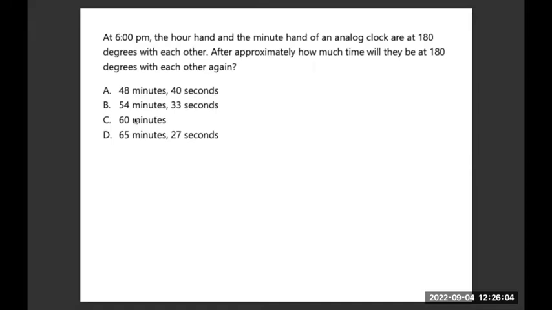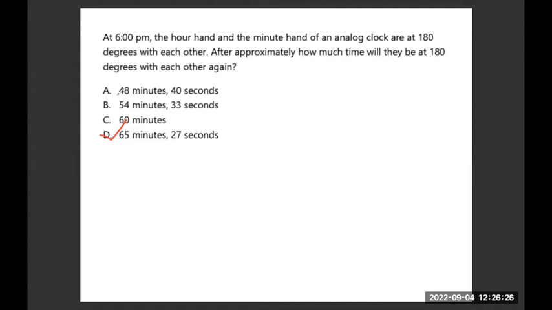Because between 6 and 7, there is no instance at all where 180 degrees will happen, which automatically eliminates A, B, and C straight away. And you get the correct answer, D. Simple, as simple as that. You really have to visualize this. It's very straightforward.